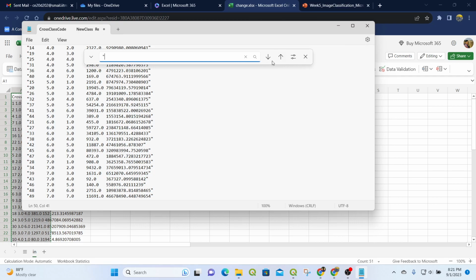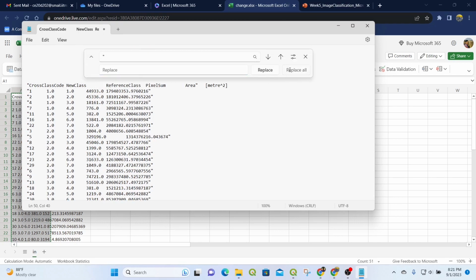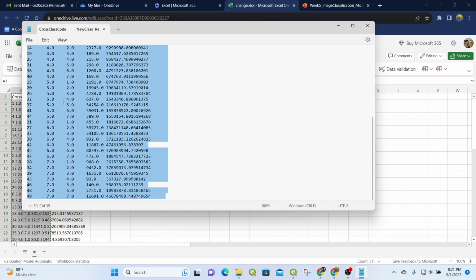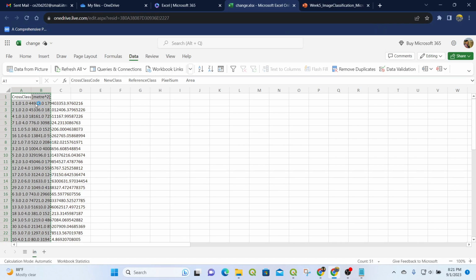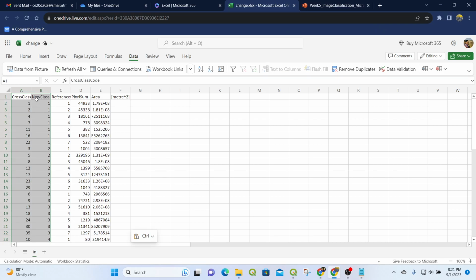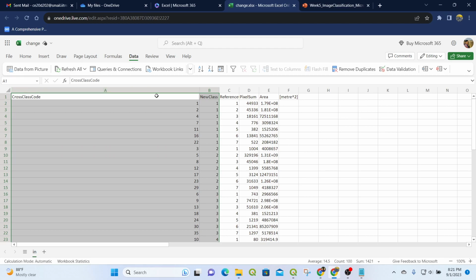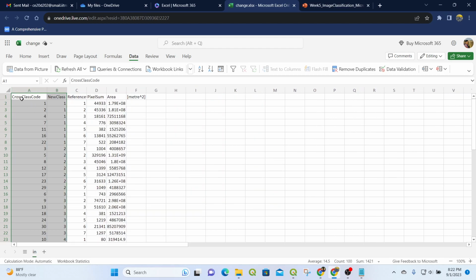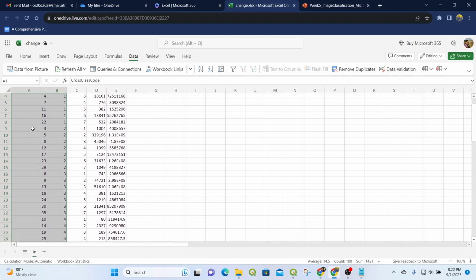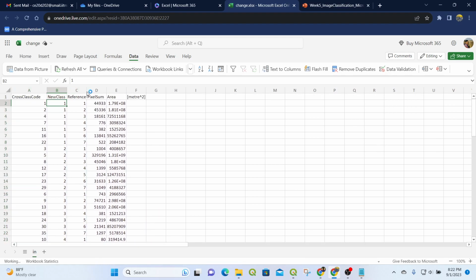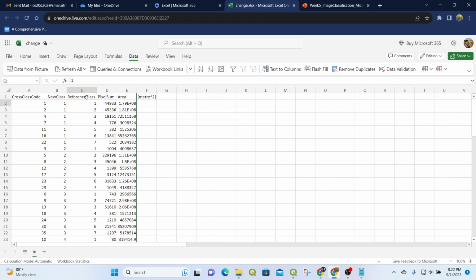I'm going to remove all the double colons and replace them with this so that we can copy and paste it in our Excel. So you can see, this is the numerical output 1 to 49, and the new class ID and reference class. The reference class is 2004 to 2005 and the new class is 2014 to 2015.